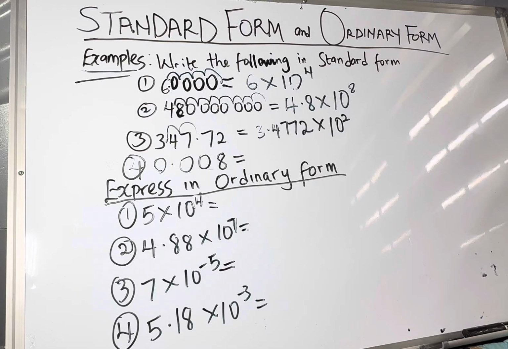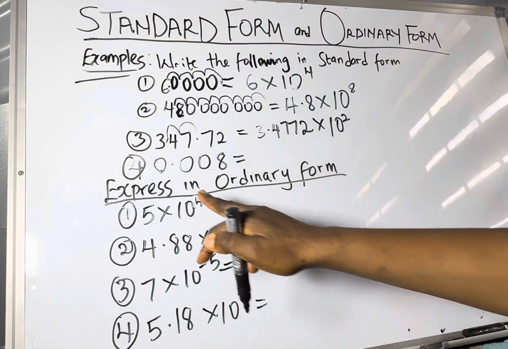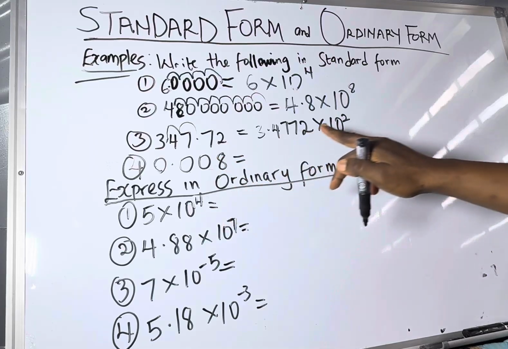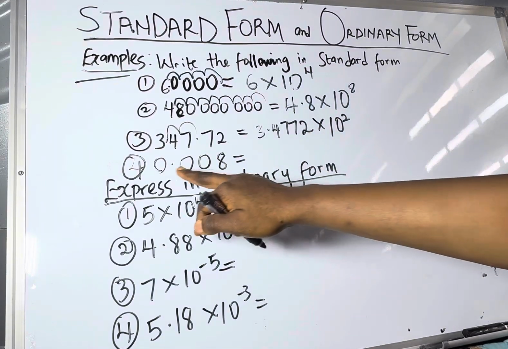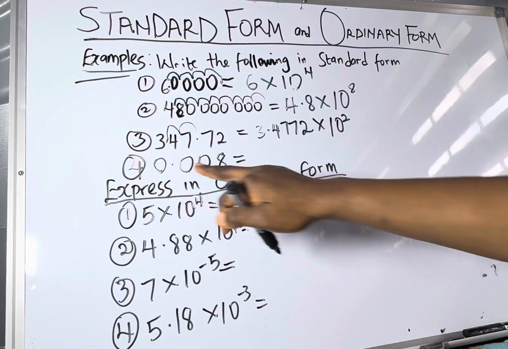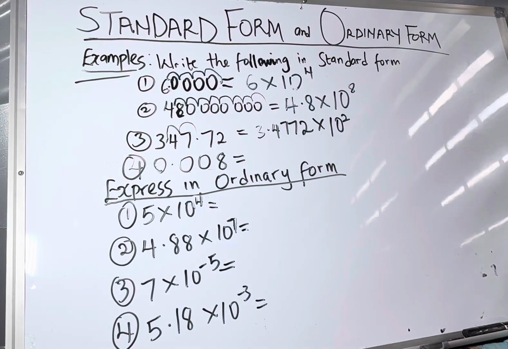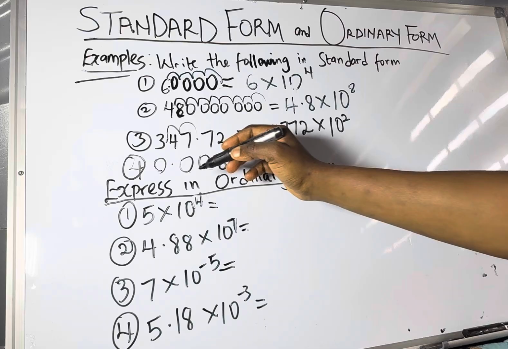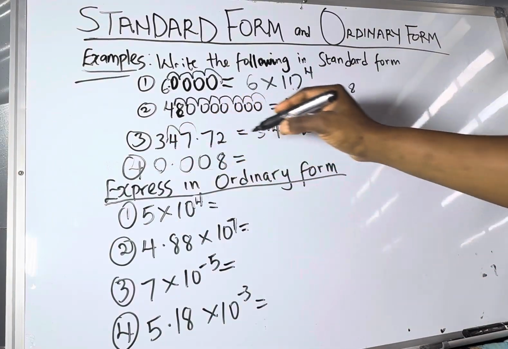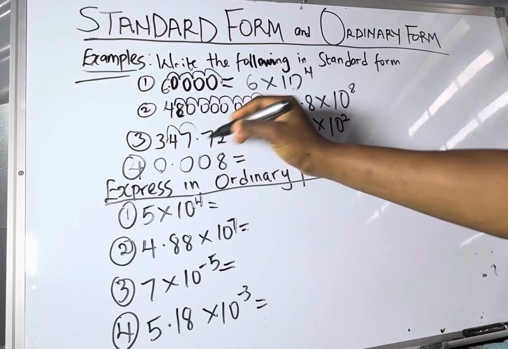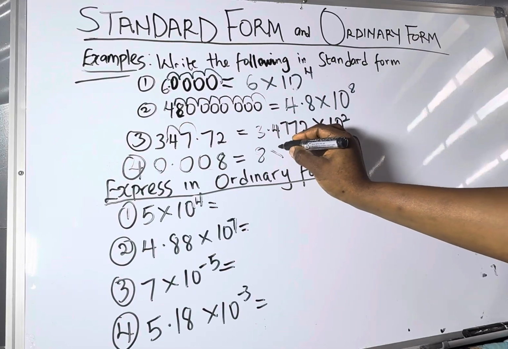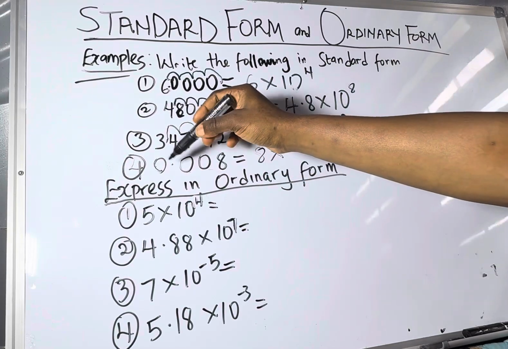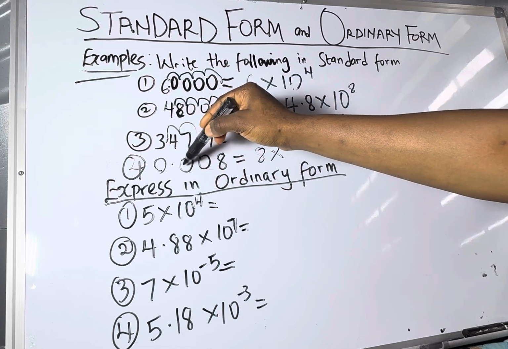Example 4. Now, example 4, if you look at it, the power will be negative because the first number here is less than 1. So it's going to have a negative power. Because this 0 is less than 1, this simply means 8 multiplied by, now let's count the powers.